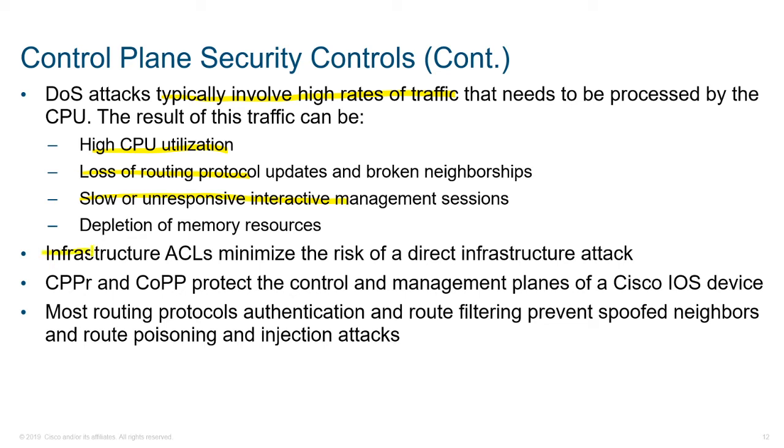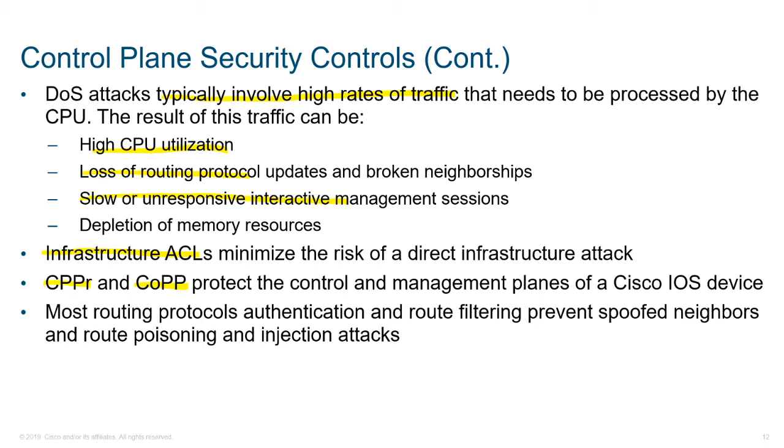So our infrastructure ACLs are one of the ways we can mitigate against these infrastructure attacks. And we'll spend a little bit more time later talking about control plane policing and control plane protection.